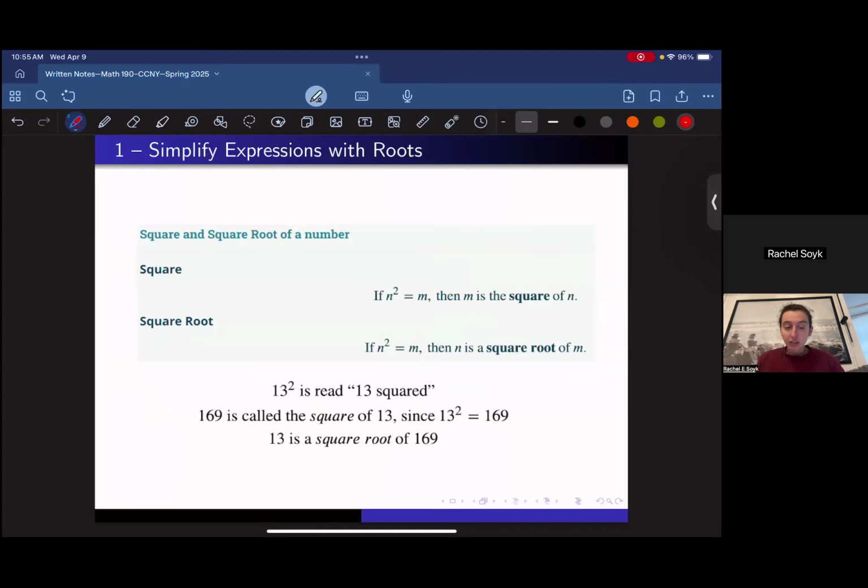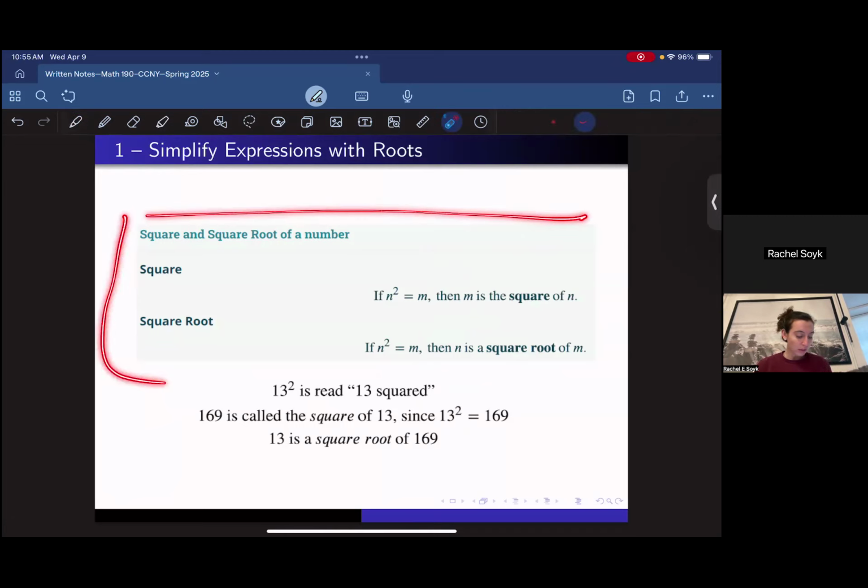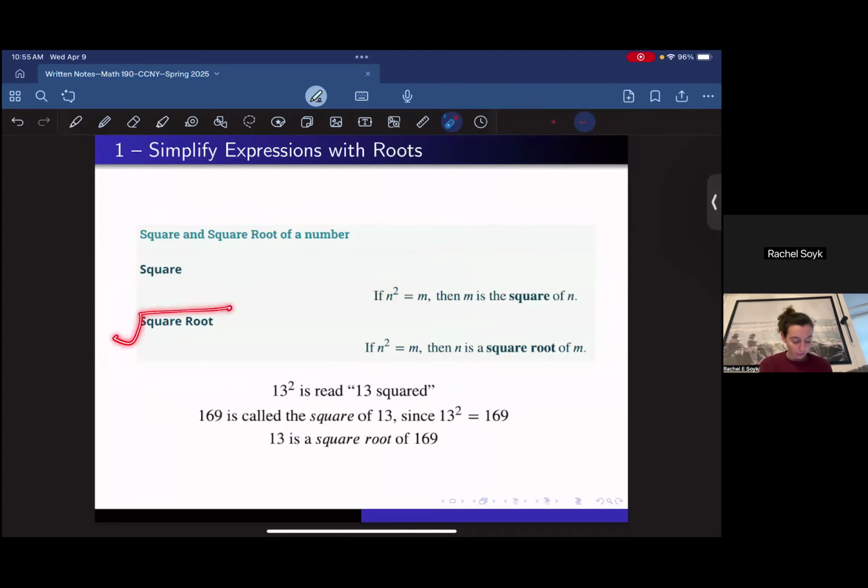Our first objective is being able to simplify expressions with roots. The square and the square root of a number are inverses of one another. When you square something, to take the opposite, you take the square root.